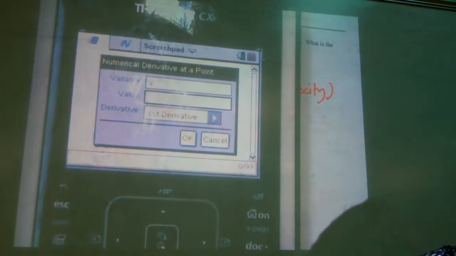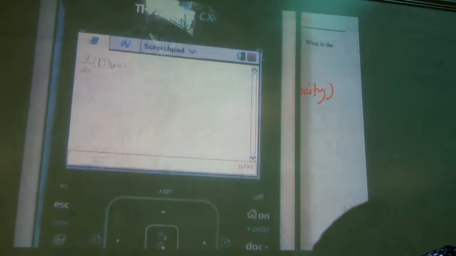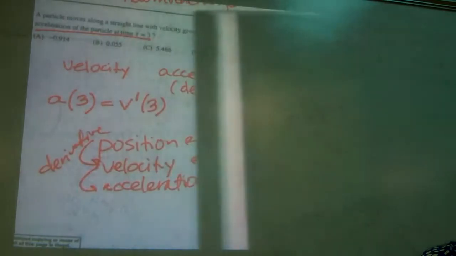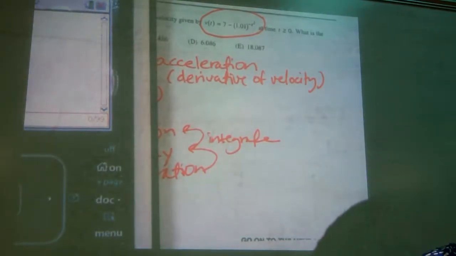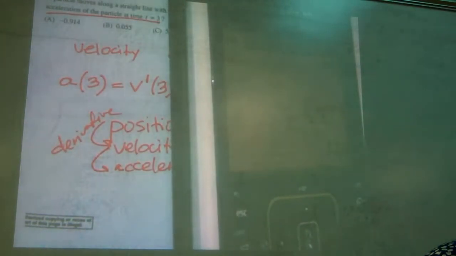The value where I want it to do it at is at 3. And then I just type my function in there. So what was it? 7 minus 1.01 to the negative. I'm using x instead of t. It really doesn't matter what variable you use. So 0.0545 or something like that. B.